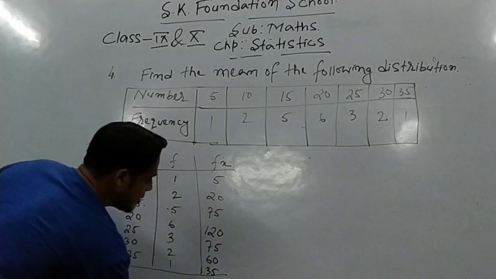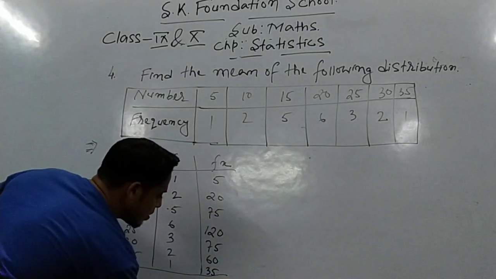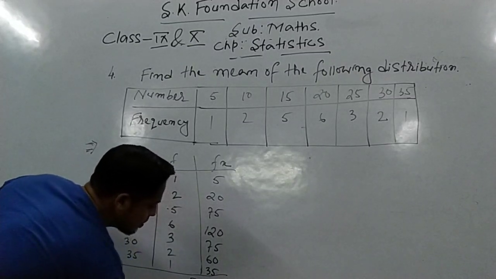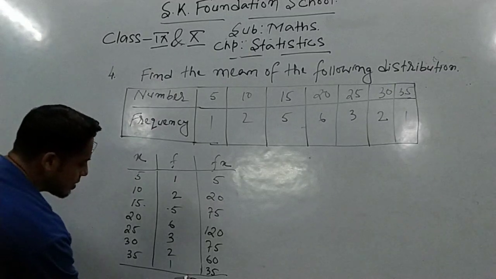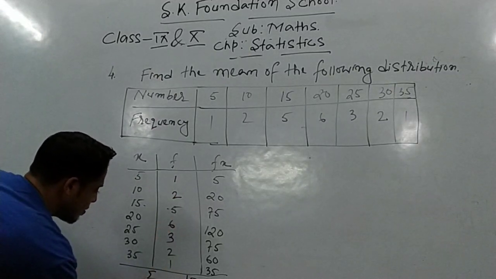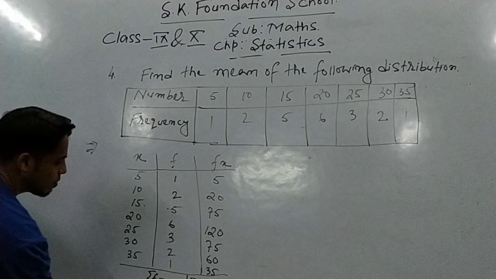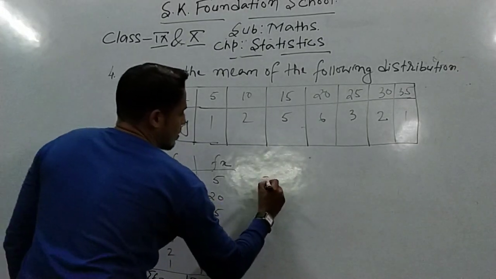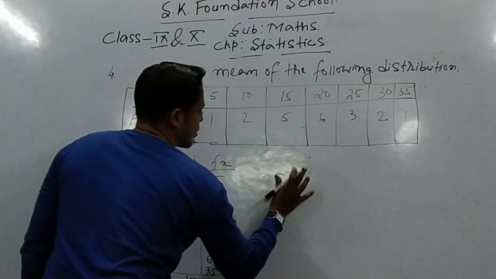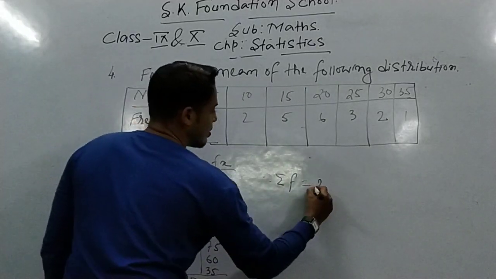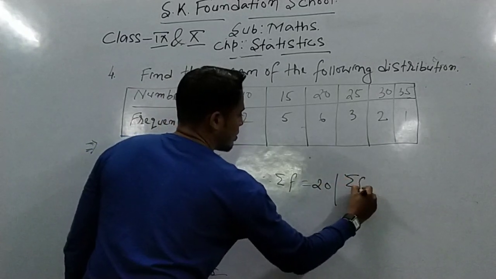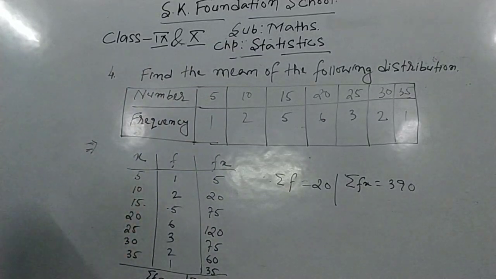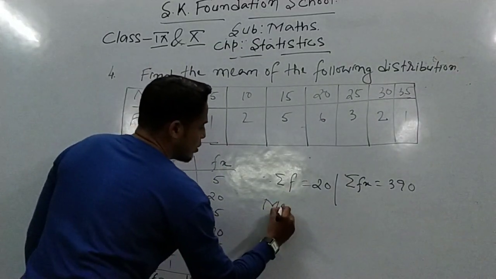So the addition is 390. This is the summation of fx, 390, and on this side the summation of f equals 20. Once again, summation of f equals 20 and summation of fx equals 390. Okay, these are the values.